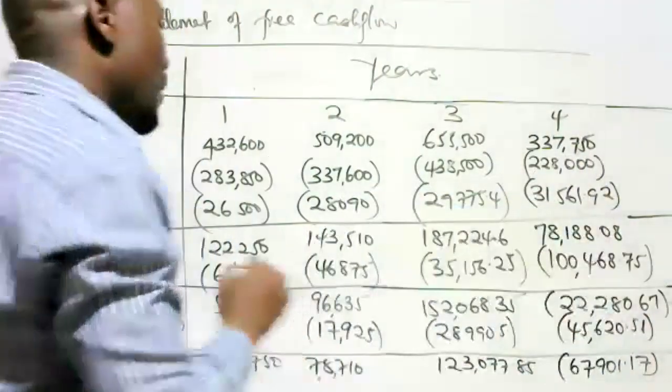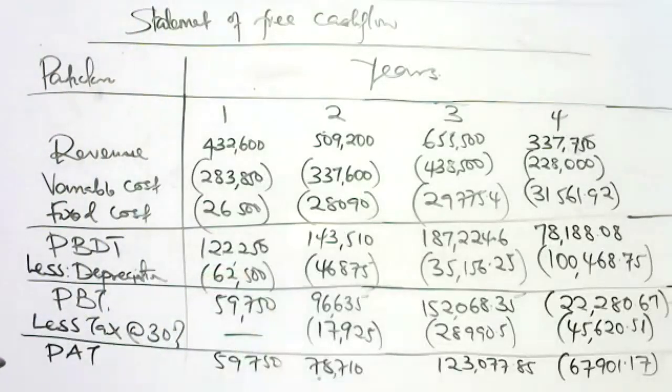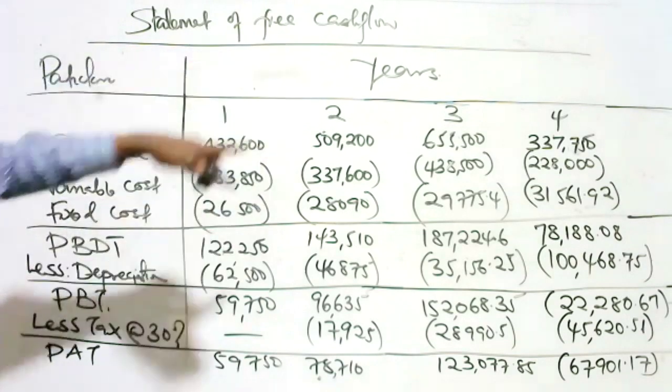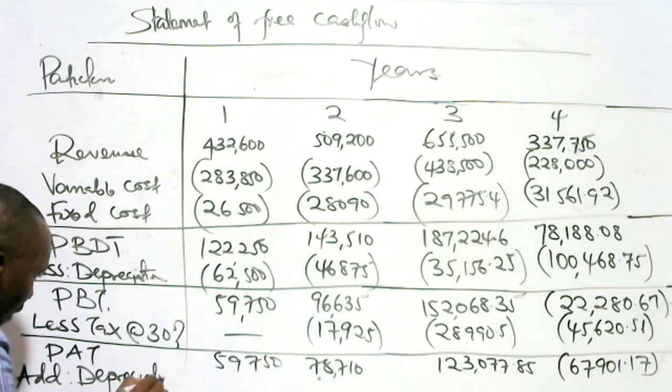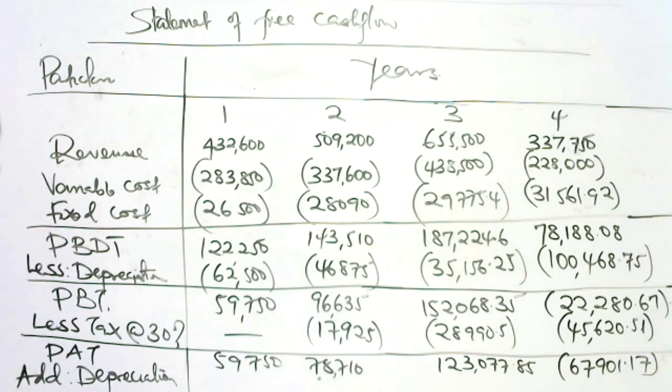Okay. Now add back the provision still. We are getting cash flow, statement of free cash flow. So you add back the provision after getting after tax. Hapo tunaelewa. So, kabisa. Come again.